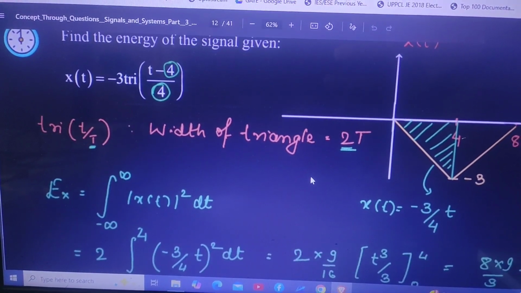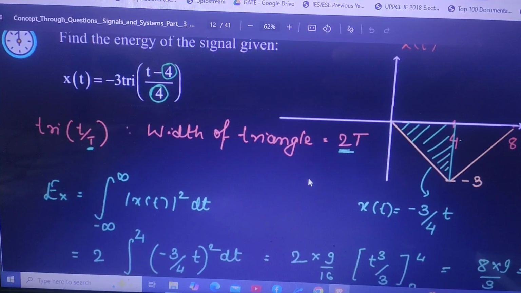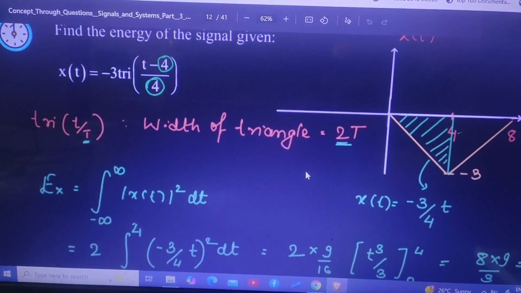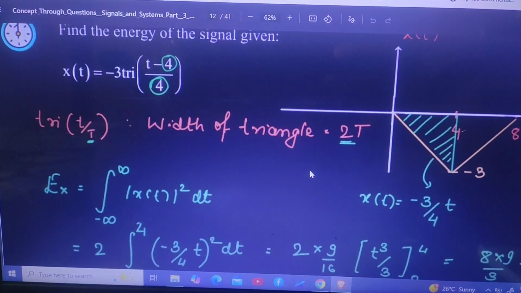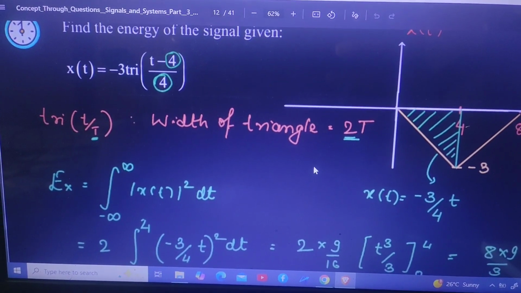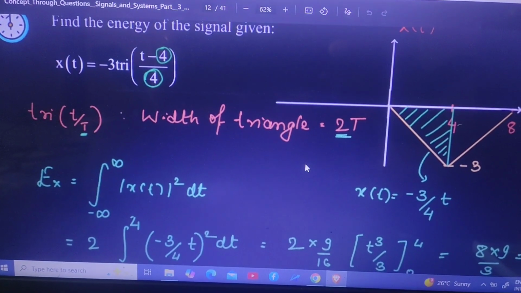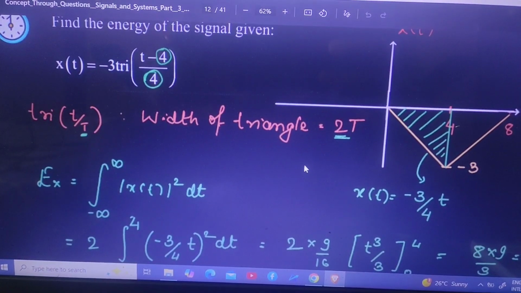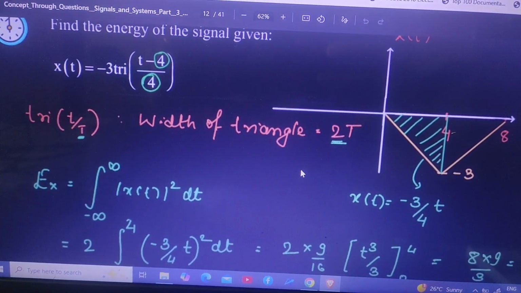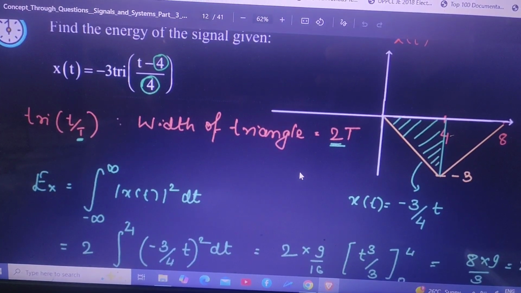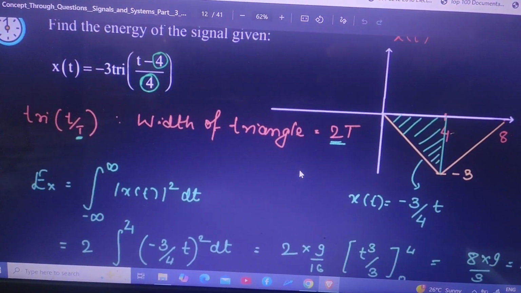In triangle (t/tau), the width will be 2 times tau. So the energy formula is the integral from minus infinity to infinity of x(t) whole square into dt. Here it consists of two triangles which are separated by a center point 4.